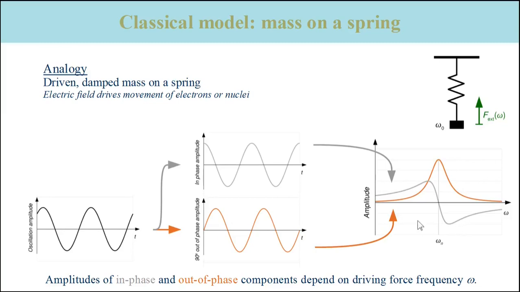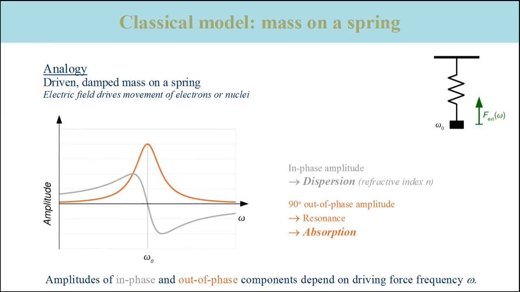The 90 degrees out of phase amplitude is small when the driving force frequency is very different from the intrinsic frequency. However, it is maximum when both frequencies are equal.